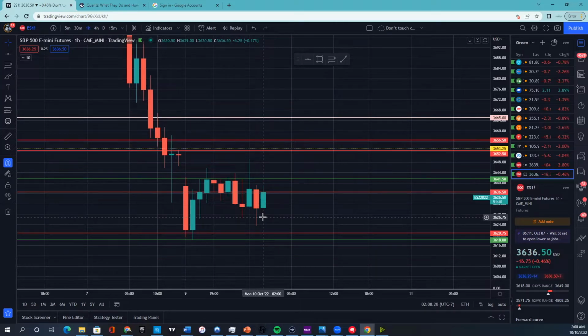Now you take your 23.5 and add it to the upside range. If you want the upside target, you add that 23.5 points to your upside range. So if price breaks above 3641.50, roughly 3655 will be our target based on our mathematical outcome, our mathematical value.